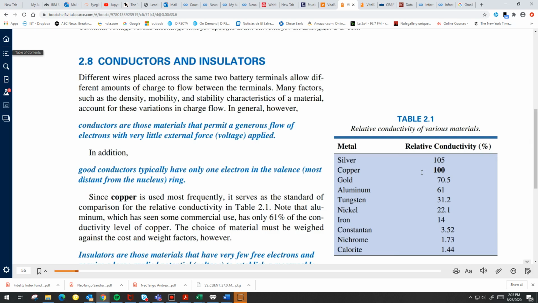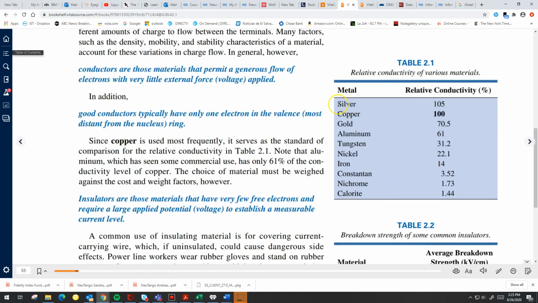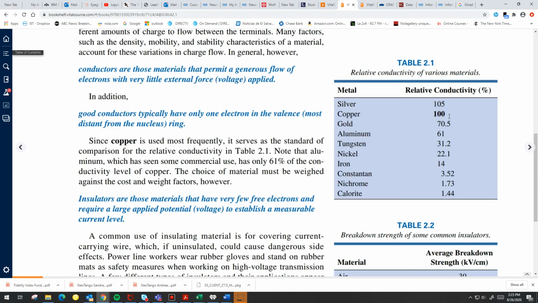Okay, and there are all kinds of conductors, like this table indicates. Silver is even better than copper, but of course silver is a lot more expensive. In terms of conductivity it is better, but copper is really the most commonly used type of conductor.